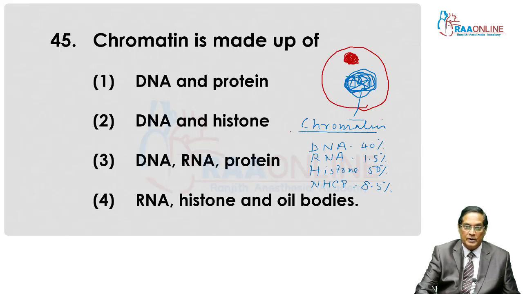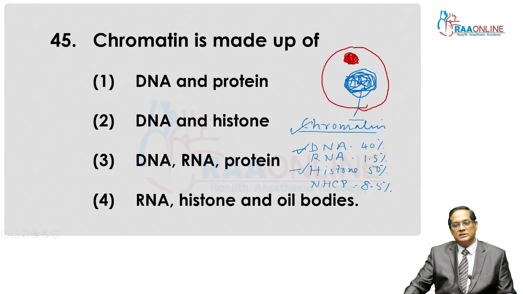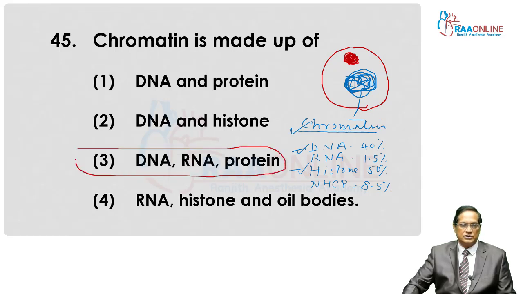So chromatin is basically rich in DNA and histone. These two are 90%. But we can't ignore the presence of RNA as well as NHCP. So my answer for this question is DNA, RNA and protein. Protein covers both histone and non-histone.